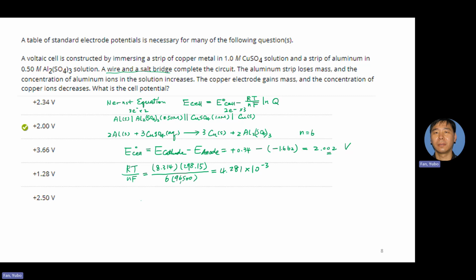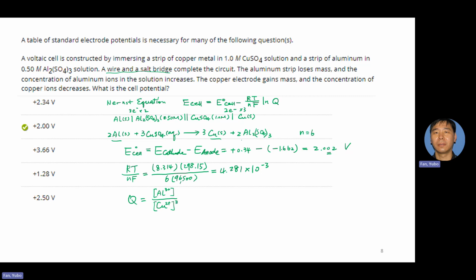And Q for this reaction, the solid we don't need to include. It's the concentration of the products, the aluminum concentration, and on the other side the copper 2 concentration. But we need to find their coefficients. For copper, that's 3, right?